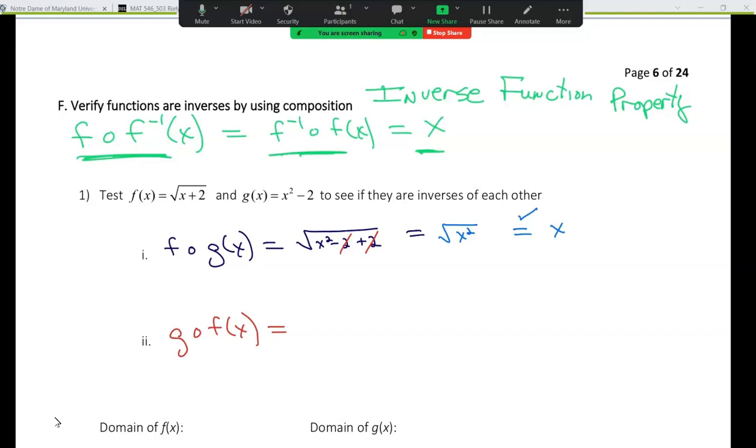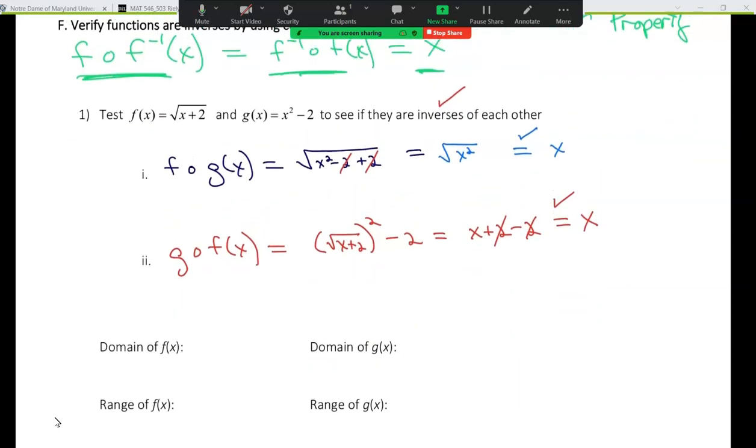Instead of writing down the x, I'm going to write down radical x plus 2, and then they want me to square that. Minus 2. If you square a square root, you release it. So those 2's are going to cancel, and I'm left with x, which is what I want. So I have now proved that they are indeed inverses of each other.